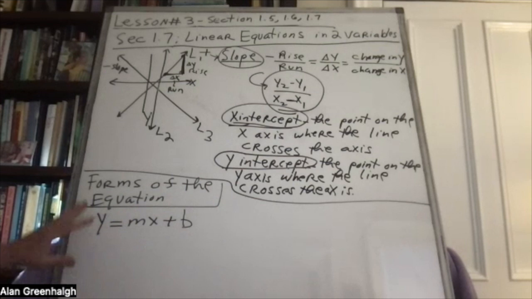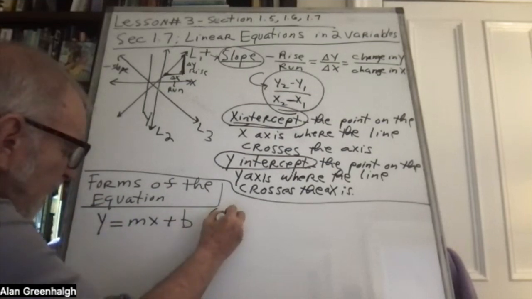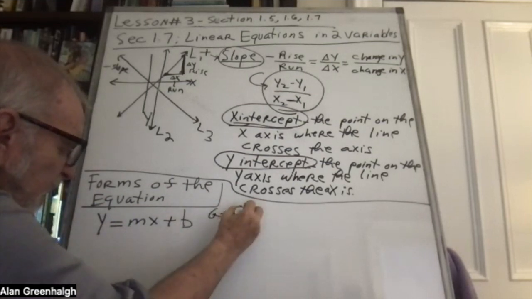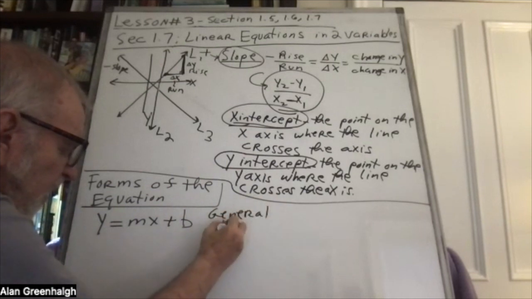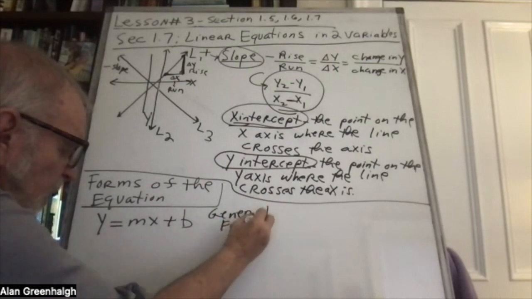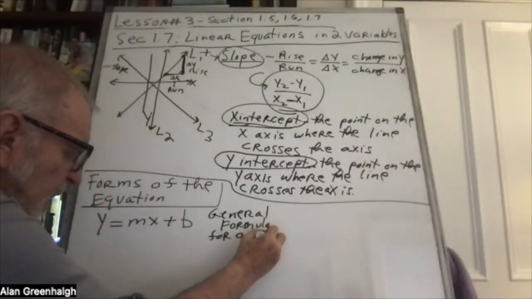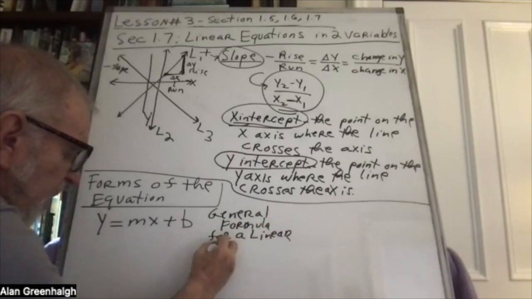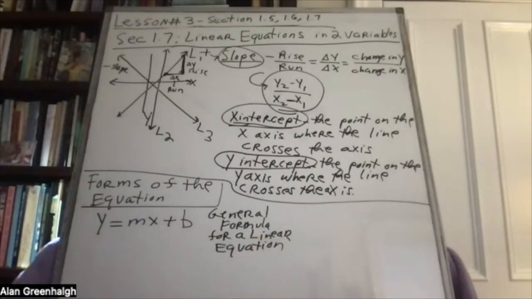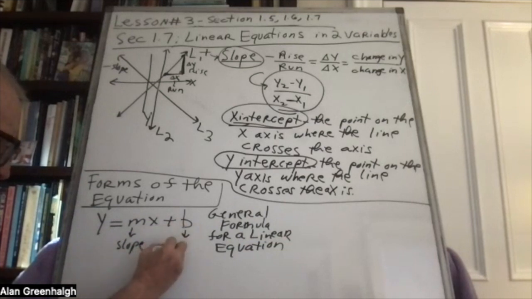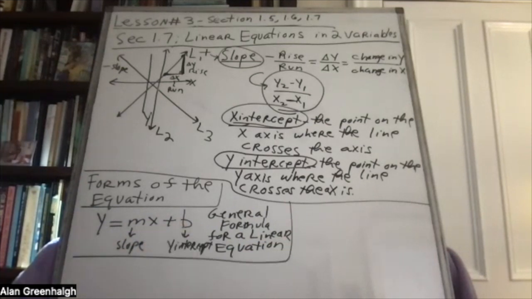The general formula for a linear equation. This is the general form of a linear equation in which m is the slope and b is the y-intercept. Take an example. Here are some examples.